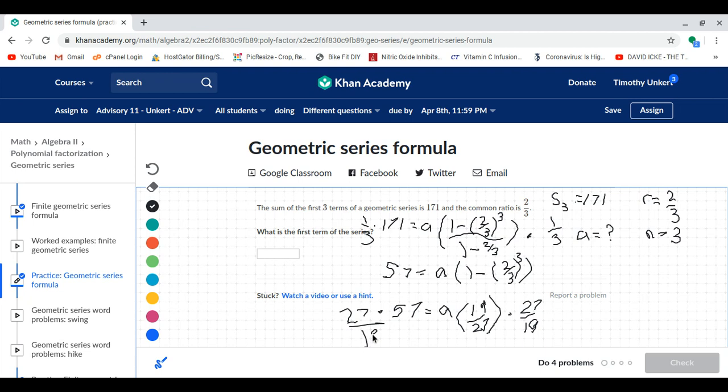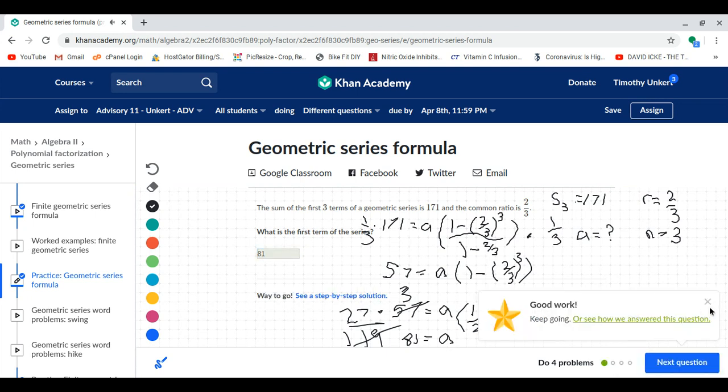Now, 19 goes into 57 three times, so I've got 3 times 27, so A is going to equal 81. Let's check my work. So doing that in my head, make sure we're right. Look at that. Good stuff. Energy points, it's a good day. All right, let's move to the next one.